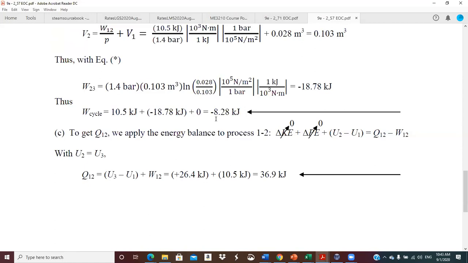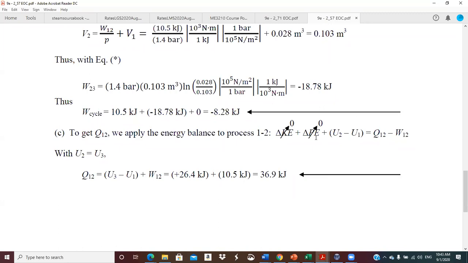And then the last part, we're just going to do the energy balance for process 1 to 2. So there's the whole energy balance for a control mass. Change of kinetic energy, 0. It's not on a flatbed truck, it's not moving. Potential energy, it's not changing elevation, so they go away. They gave us the change in internal energy, and let's see.